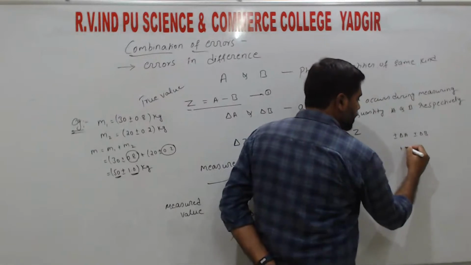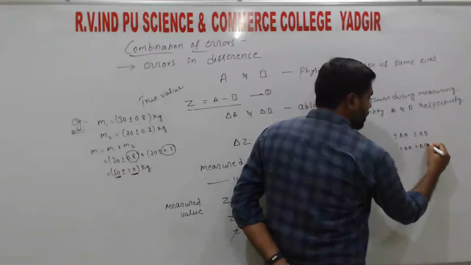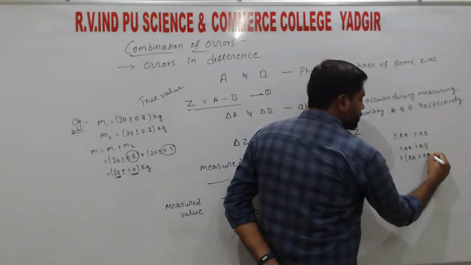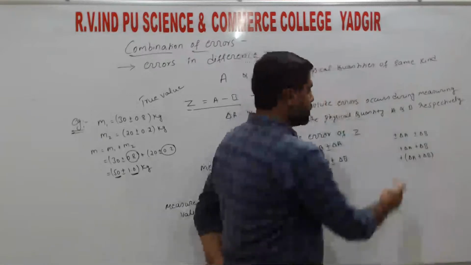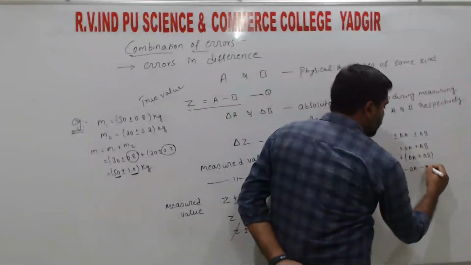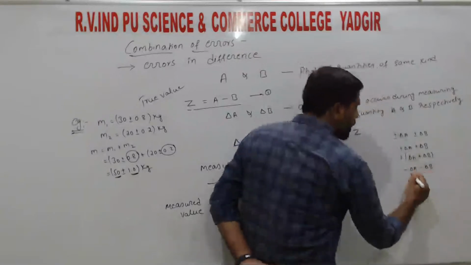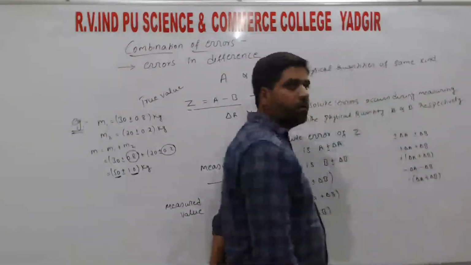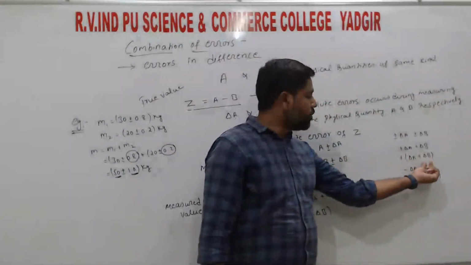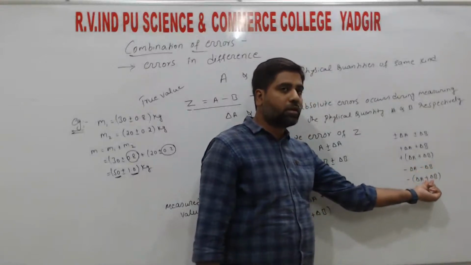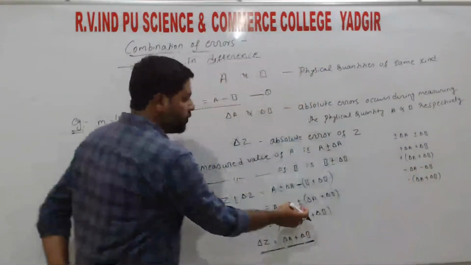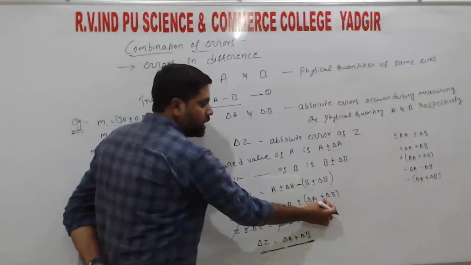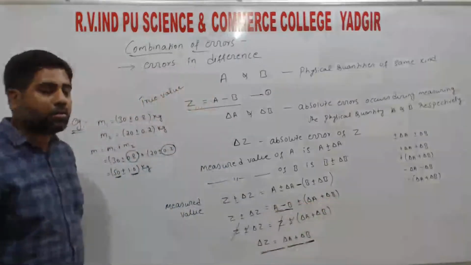So in the first case, if we take plus delta A plus delta B, and take the plus common from the two terms, what remains is delta A plus delta B, right? So in the second case, minus delta A minus delta B, right? If we take the minus common from both, what remains is delta A plus delta B. So whether we take plus common or minus common, within the bracket it is plus. So that's why if we take plus or minus common outside the bracket, we always get delta A plus delta B, right?